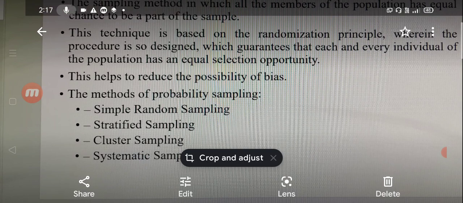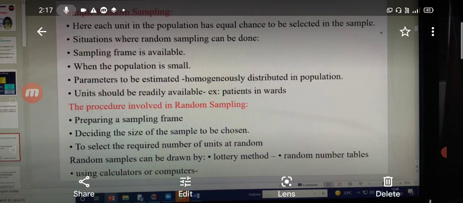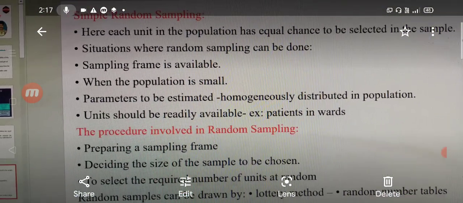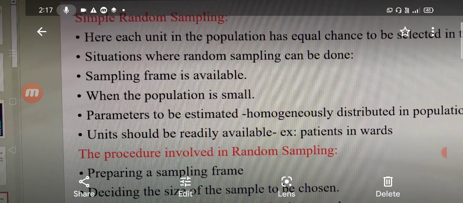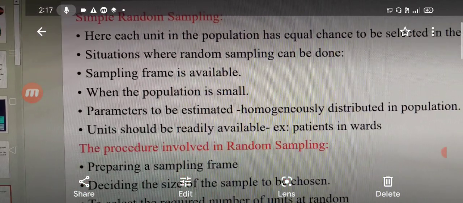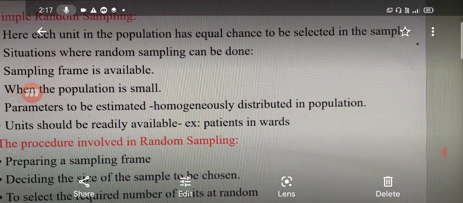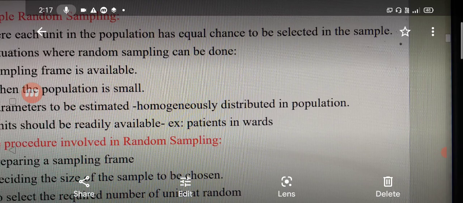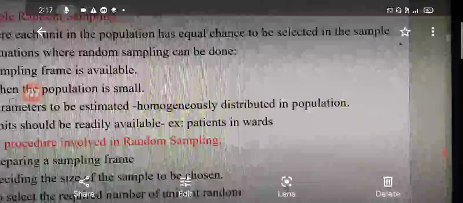So, let us discuss in detail the simple random sampling. In simple random sampling, each and every unit in the population has an equal chance to become a selected member of the sample. Each and every individual, but there is a criterion.